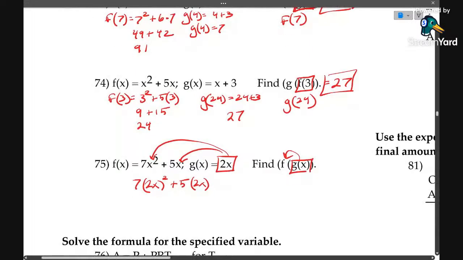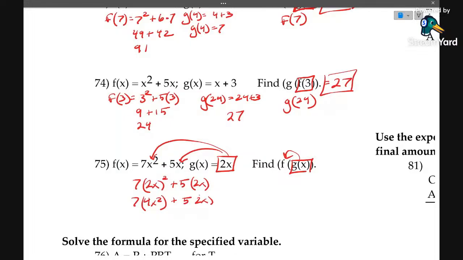And we simplify. 2x squared is 4x squared plus 5 and 2x. And then we multiply: 28x squared plus 10x. That is the composition of f of g of x.